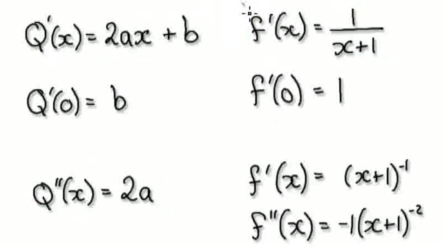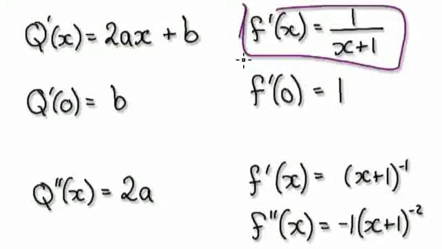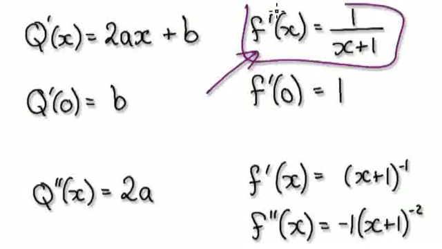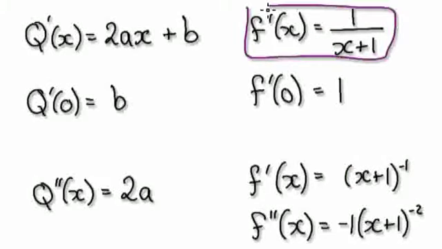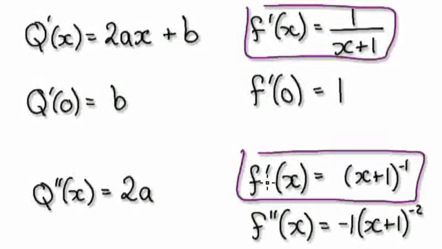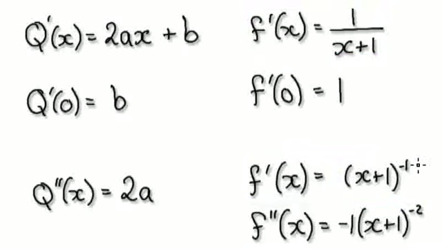Because we want to differentiate this, I'll rewrite it as this. This thing here is exactly the same as this, but when you've written it in this form, you can easily differentiate it.